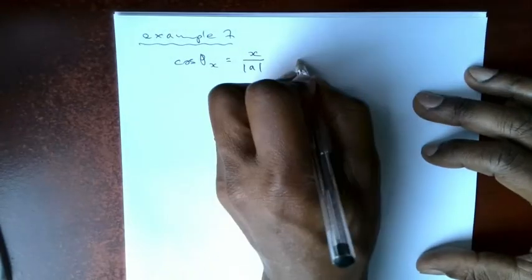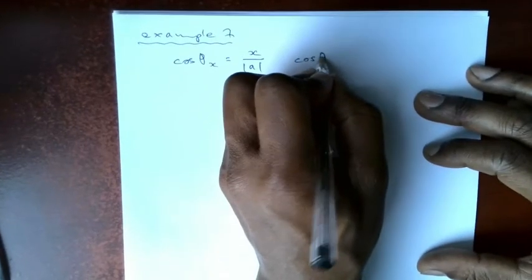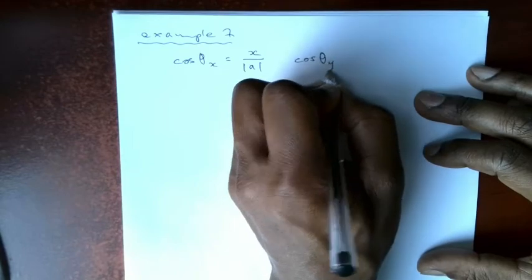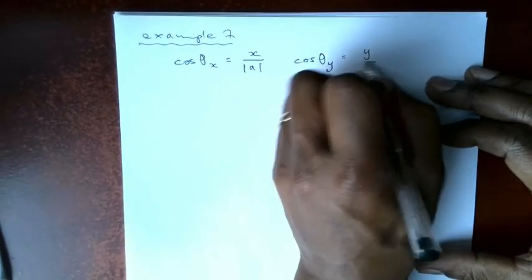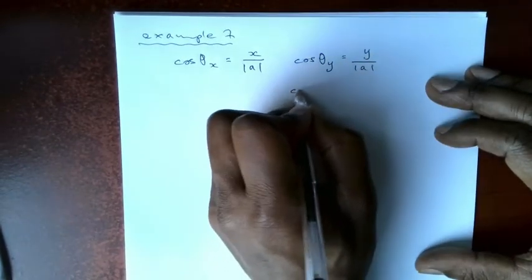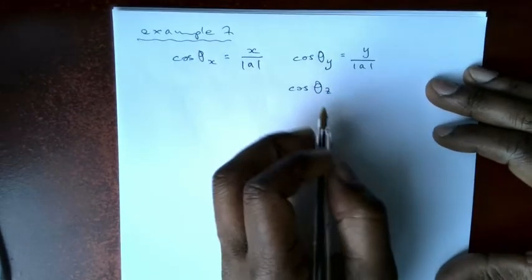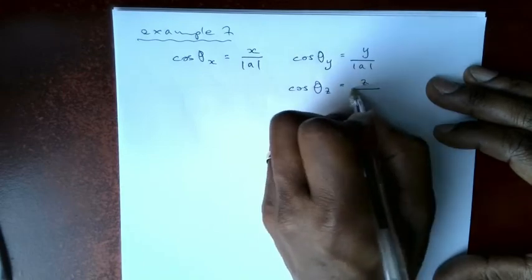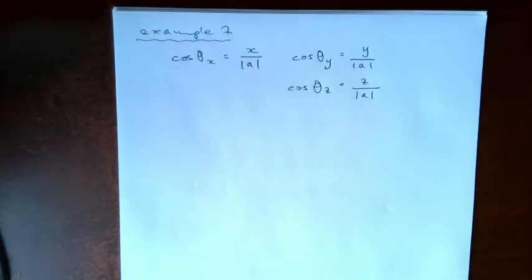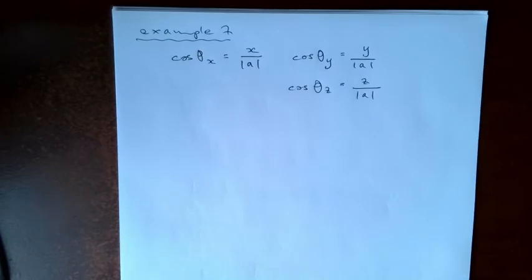So you can also have the cosine of the angle between a vector and the y-axis would be y over the length of the vector, and again the cosine of the angle between a vector and a z-axis will be the z-axis divided by the vector.